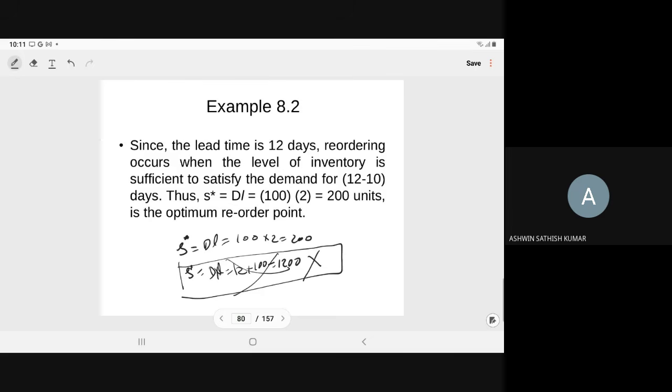So what is the optimum policy? Optimum policy is reorder when inventory level is at 200 units and one order is pending. When one order is pending, then you have to reorder.